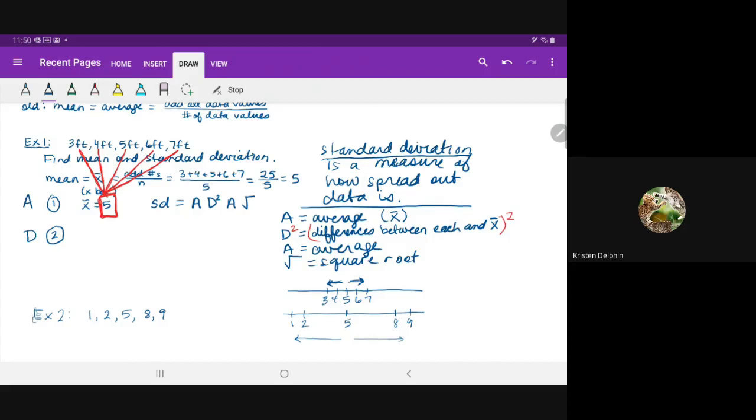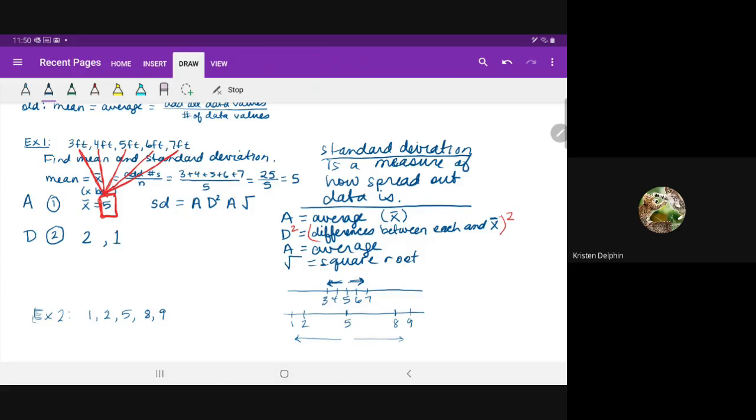So the difference between 5 and 3 is 2. And you just put commas. So what's the difference between 5 and 4? You can type your answer. So 1.